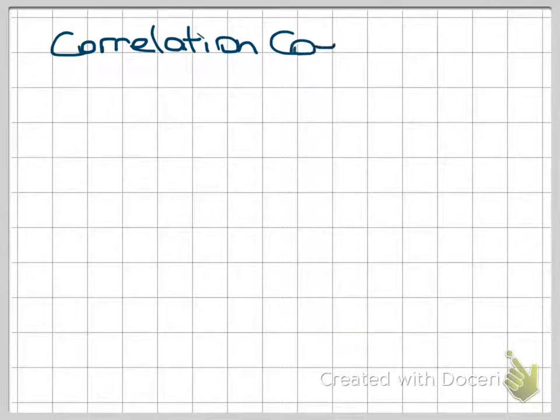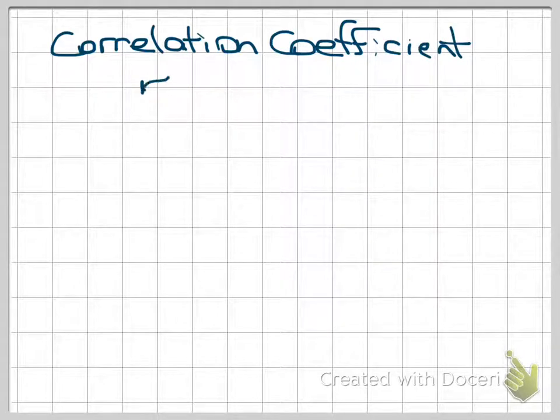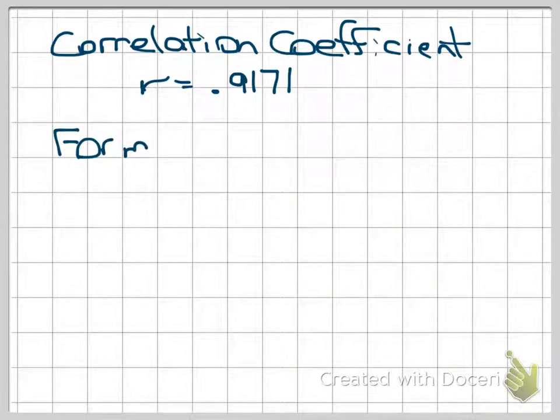If we continue, we also really need to be able to talk about our correlation coefficient. Recall that a correlation coefficient is R. So R for this particular problem was 0.9171. And so when we talk about interpreting this problem, we want to talk about the form, the direction, and the strength.